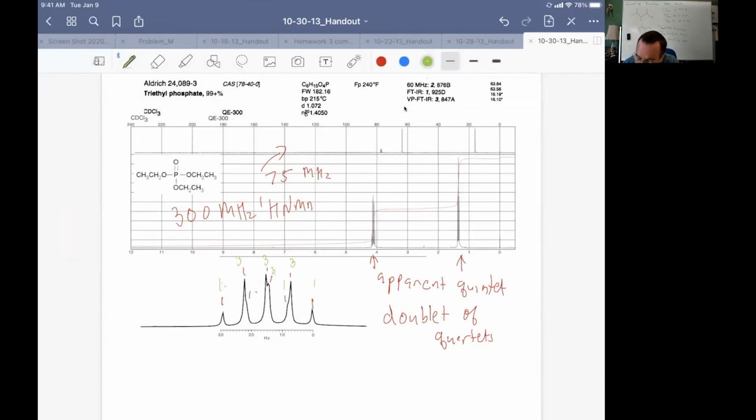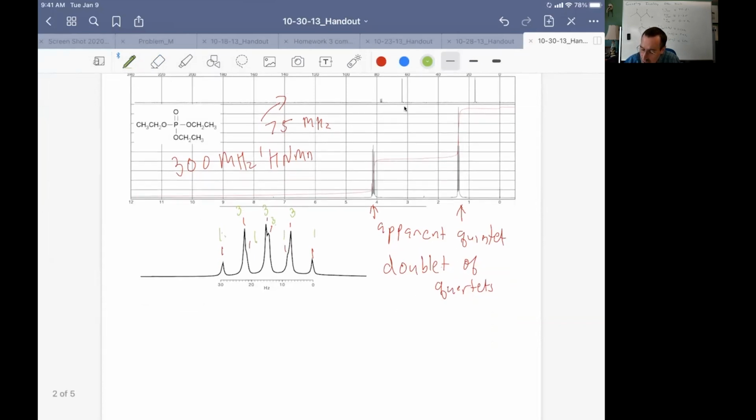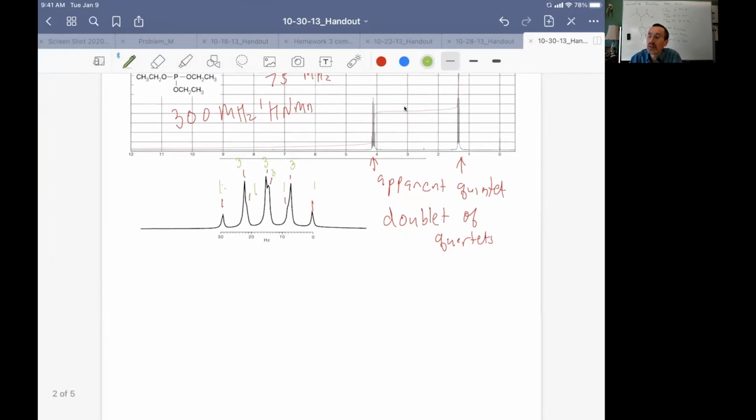So you can see this splitting going on where they're ever so slightly different.